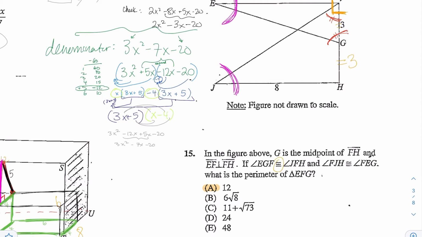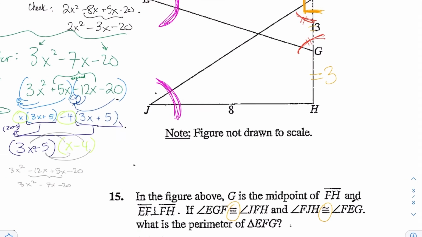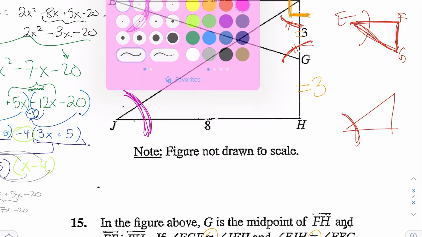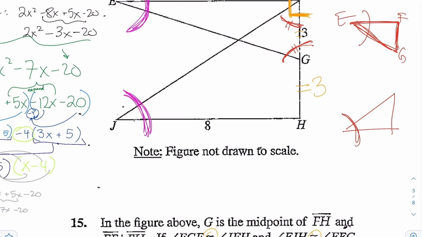That's what this symbol means. They are congruent, or congruent angles, which actually allows you to figure out that these triangles are going to be at least similar. So, for example, for triangle EFG, this angle is corresponding to this angle here, and you have angle EGF, which is this angle, which corresponds to this angle up here.